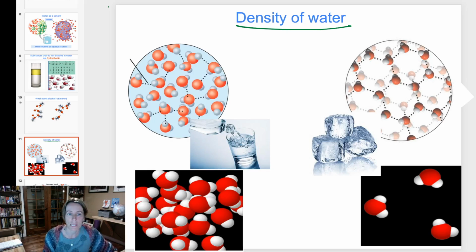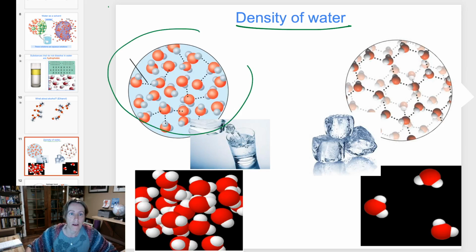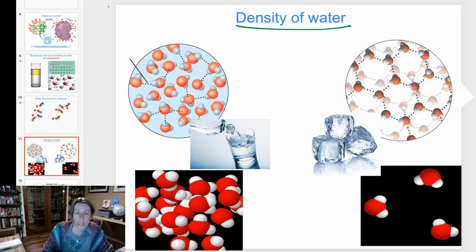So let's put all this together. On this diagram right here, we are seeing a picture of liquid water, like what would be in a water bottle. The water molecules, you can see their hydrogen bonds. They're being attracted to each other, but they're moving around pretty quickly, because this is not ice. It's not really cold. It's room temperature water, let's say. So these molecules are moving like this.